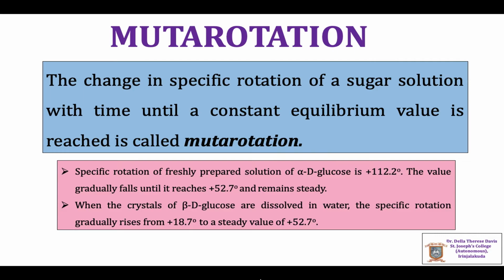If we take the crystals of beta D-glucose and dissolve it in water, the specific rotation rises from 18.7 degree to a steady value of 52.7. This change in specific rotation until a constant equilibrium value of 52.7 is reached is called the mutarotation of glucose.